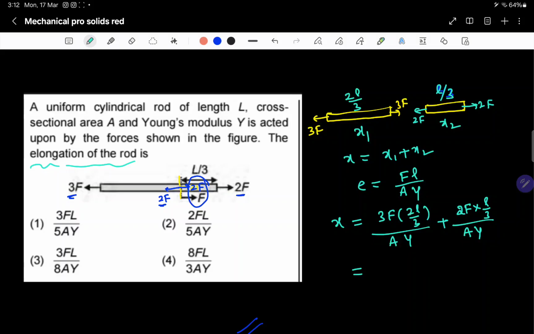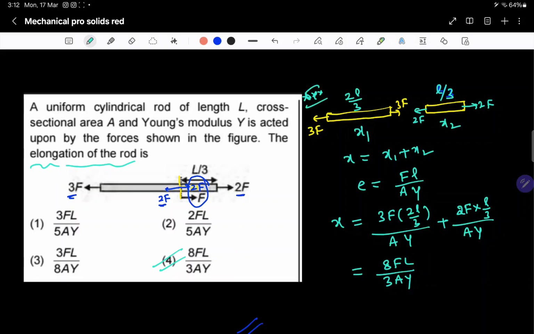Okay, 3 into 2, 6FL by 3. Here 2FL by 3. That means 8FL by 3. Just addition only, students, normal addition. 8FL by 3AY. So this is the fourth option. Clear, students? So very important model.